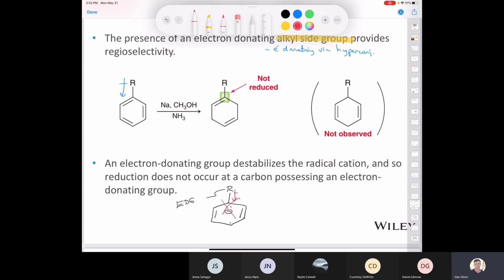And so that's why the electron is not going to be donated onto this carbon. It's going to be donated on one of the carbons next door, so that you end up with a double bond attached to the carbon where the electron donating group is.